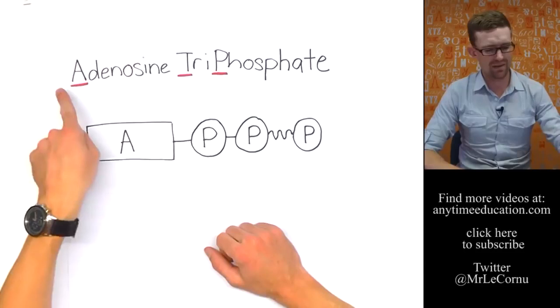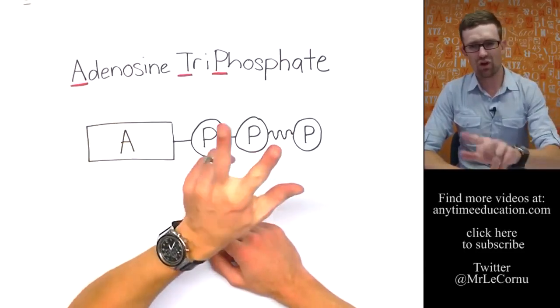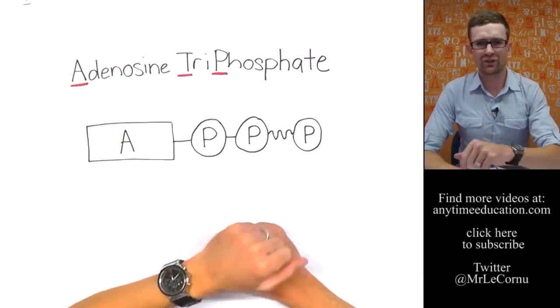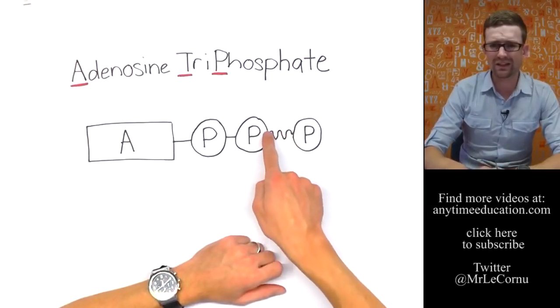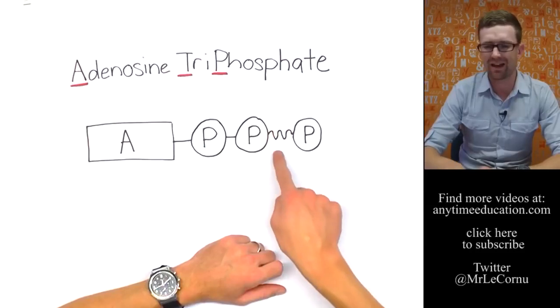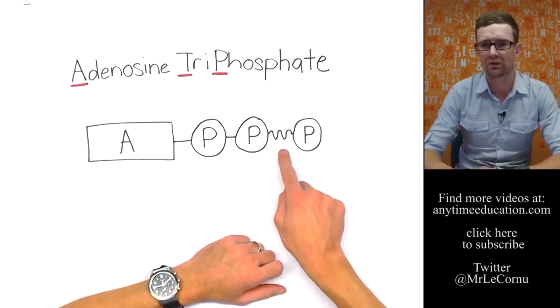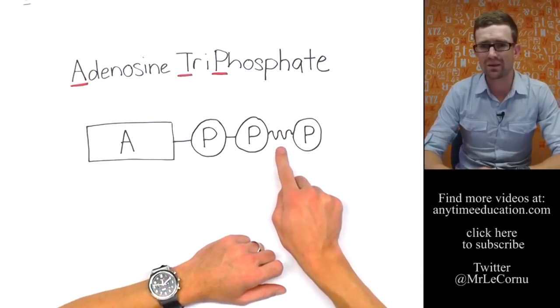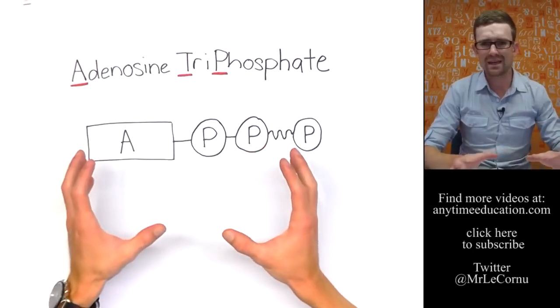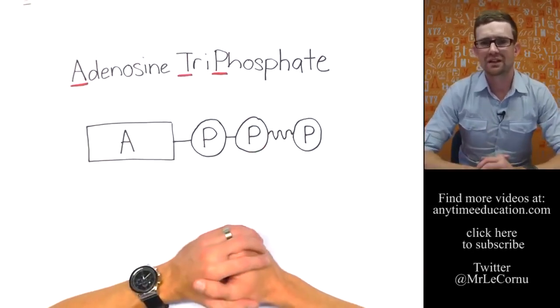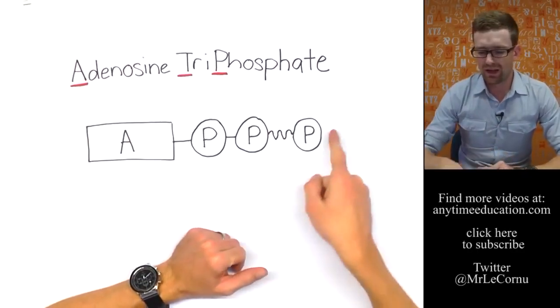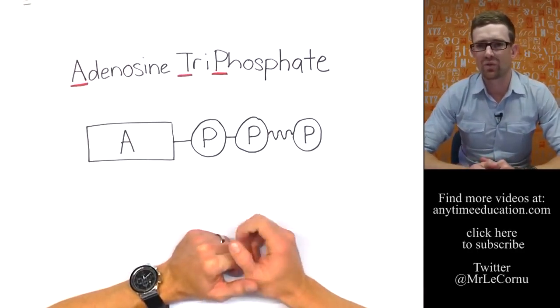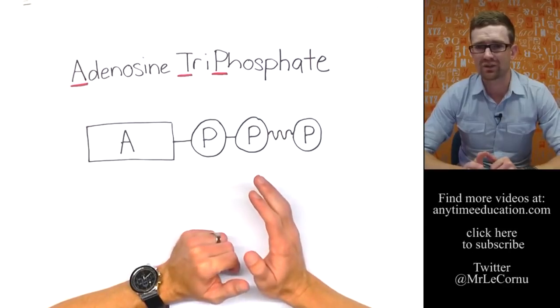That's where it gets its name, adenosine, tri meaning 3 phosphates. Now the third phosphate, I've drawn a squiggly line there to indicate that that is an unstable bond. That bond can be broken and ATP can be converted into ADP, diphosphate, and an extra phosphate group. When that happens, energy is released.